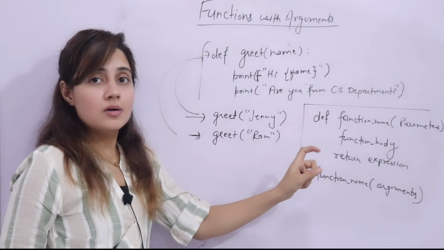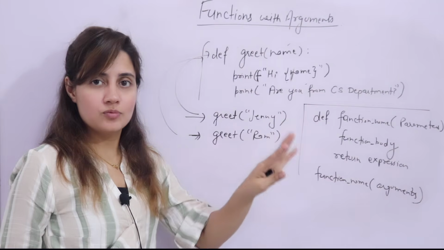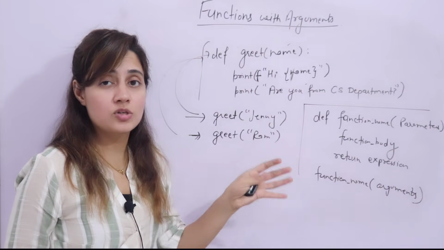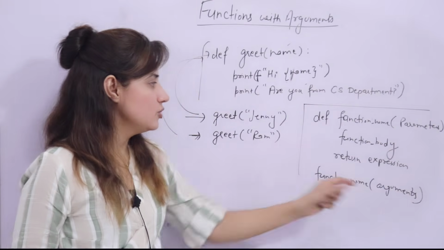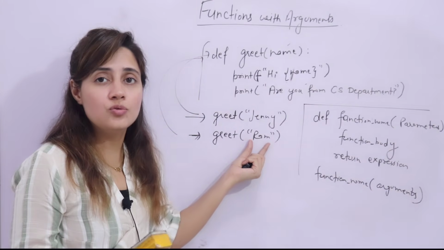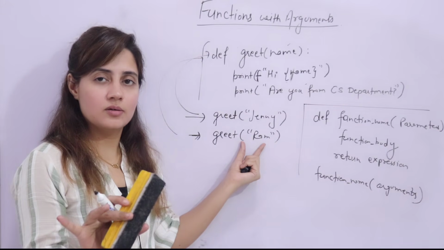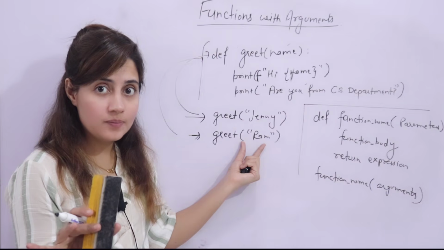Now another thing is, what is the difference between parameter and argument? This is also one of the questions, sometimes in interviews they ask this question. So see, here I have written arguments, meaning whatever actual value you pass while calling the function, that is an argument, or you can say actual parameter, right?